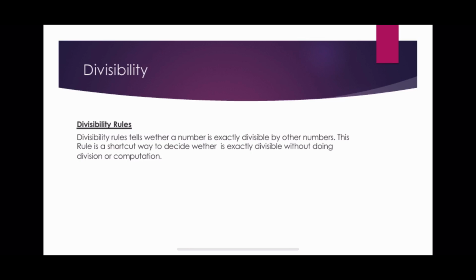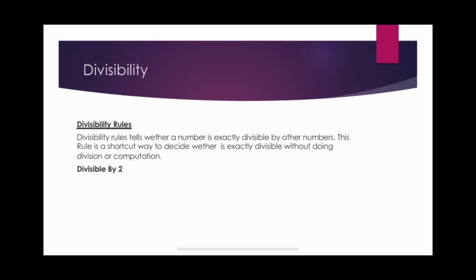So by simply looking at the numbers, you can already determine if the number is divisible by a certain number or not. Yes, correct. You heard it right. By simply looking at the numbers, you will identify that the number is exactly divisible by another number.